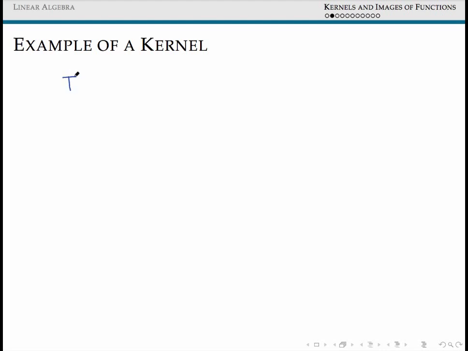So let's go back and look at a map T that takes us from R3 to R2, where our map takes in vectors v1, v2, v3, a vector with 3 coordinates. The map down to R2 I'm going to choose is 2v1 plus v2, and 3v2 minus v3.